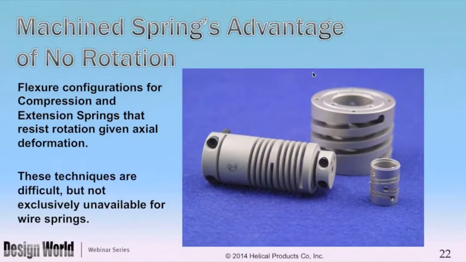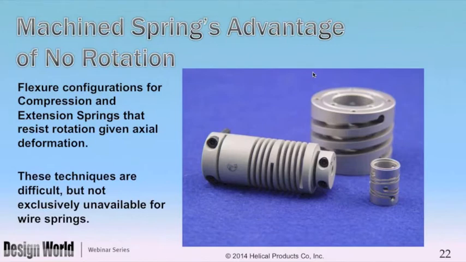The third spring there, the one on its end, has an interesting path to it. It's an inner and an outer spring. The inner spring is a left-hand flexure, and the outer spring is a right-hand flexure, and they're designed to give the same torsional reaction when compressed.